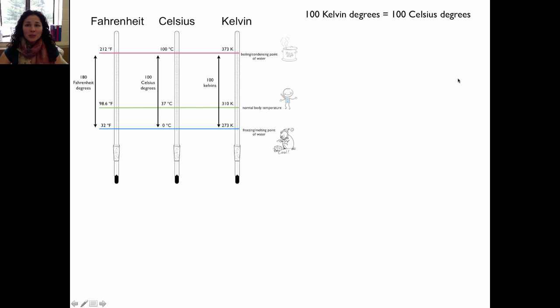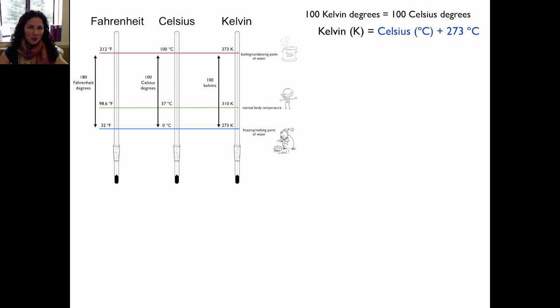So 100 Kelvin degrees is equal to 100 Celsius degrees. Therefore, Kelvin is exactly the same size as Celsius. The main difference is that the scales are skewed by 273 degrees Celsius. So at 0 degrees Celsius, it's 273. Anytime you need to find a Kelvin degree, you just add 273 degrees to the Celsius degree.